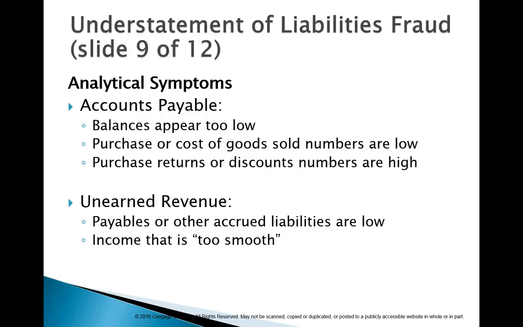So when income appears to be too smooth, that trend line's like 5% a year, it doesn't deviate from that, then they're doing something to manipulate their expenses and their revenue to get that nice, smooth trend line. So if you see that, that's indicating that they're managing earnings and they're doing something on their balance sheet related to either understating liabilities or overstating assets.